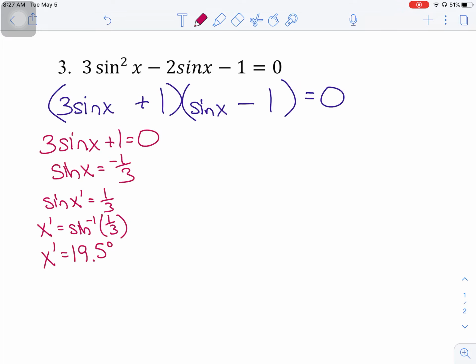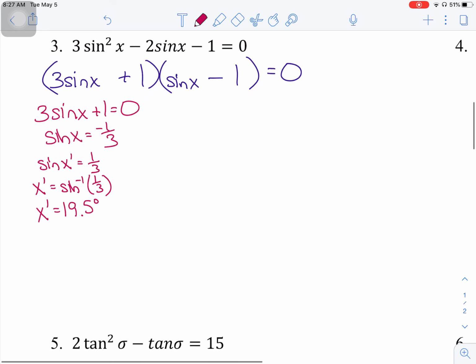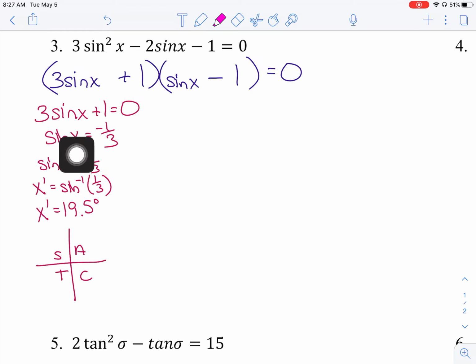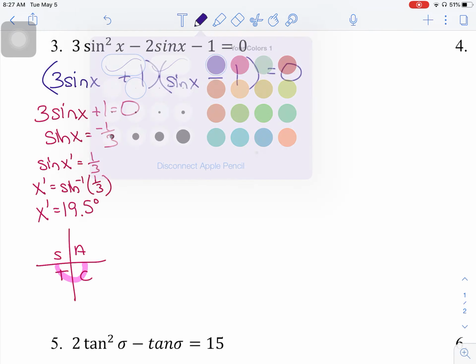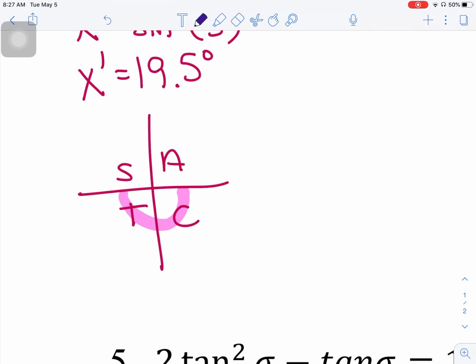I get 19.5 degrees. All right. So I'm going to set up a little ASTC down here. I am going to only focus on when sine is -1/3. So sine is negative in quadrants 3 and quadrant 4. In quadrant 3, I need to be 19.5 degrees off the x-axis.